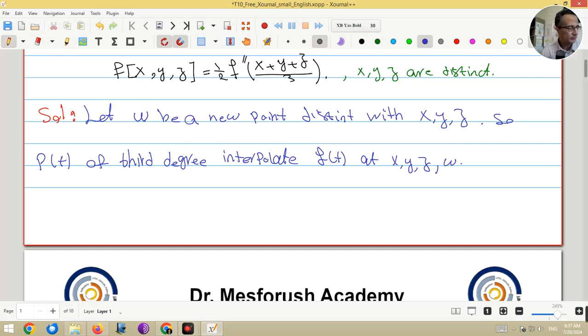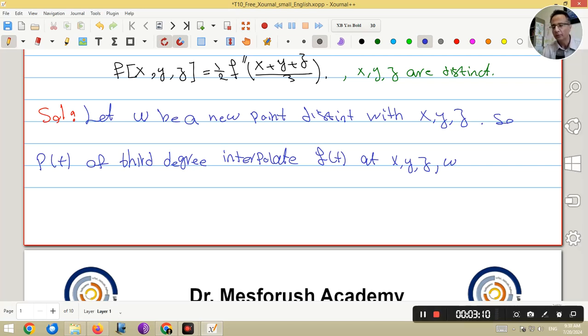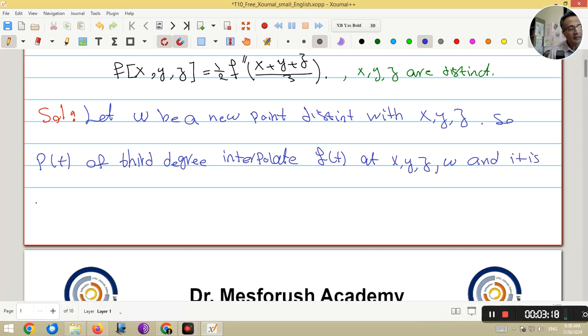Then in fact I can write f of t is exactly equal to p of t, because we know that f is of third degree and p also is of third degree, so p interpolates f exactly.